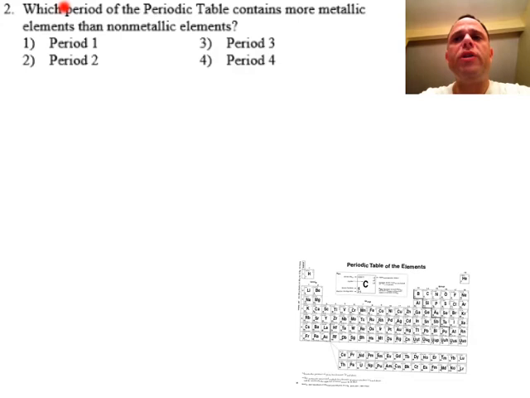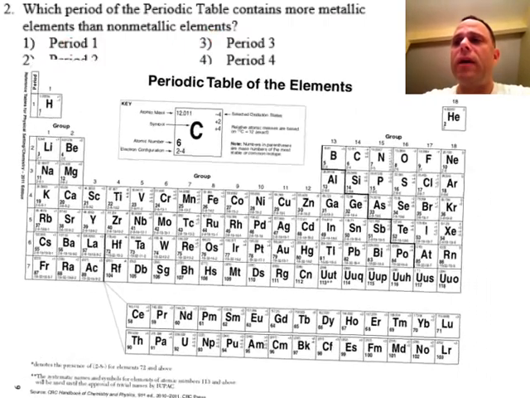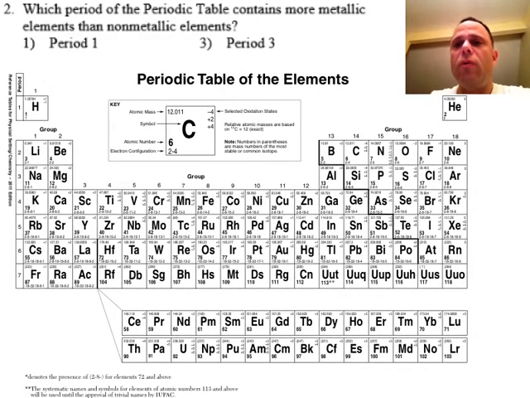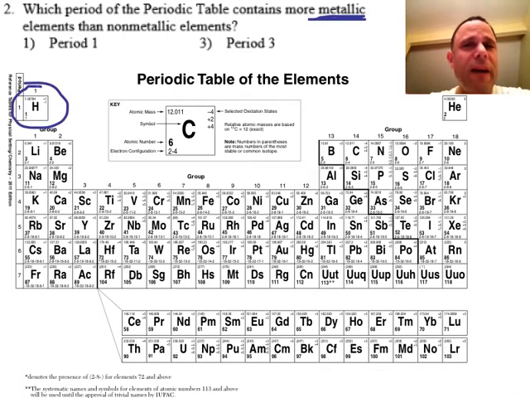Question 2. Which period of the periodic table contains more metallic elements than non-metallic? So period 1, 2, 3, or 4. Let's take a look at the periodic table and consider it. Okay, so we're looking again for more metallic elements. Period 1 has 1, when in fact actually hydrogen is a non-metal.